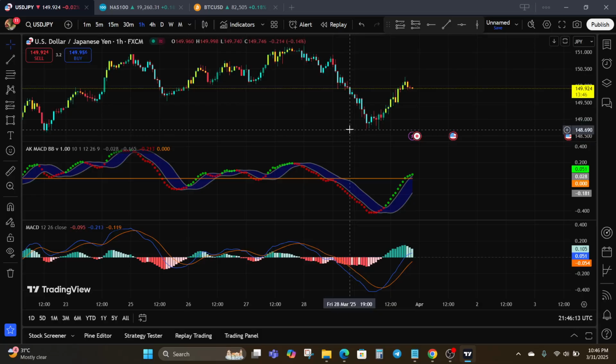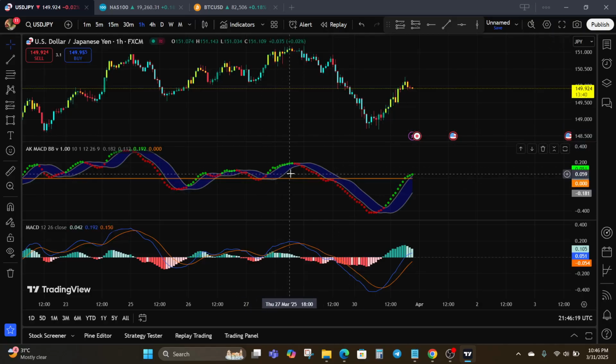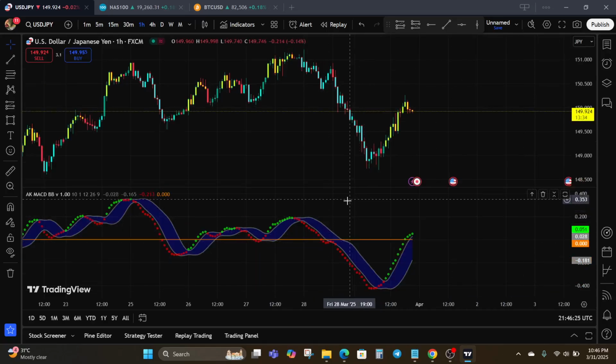Okay, now how does the AK MACD-BB indicator work? This indicator actually adds Bollinger Bands around the MACD, or rather in addition to the MACD. The functionality is like a combination, a dual indicator, right? It combines both functionalities into one.